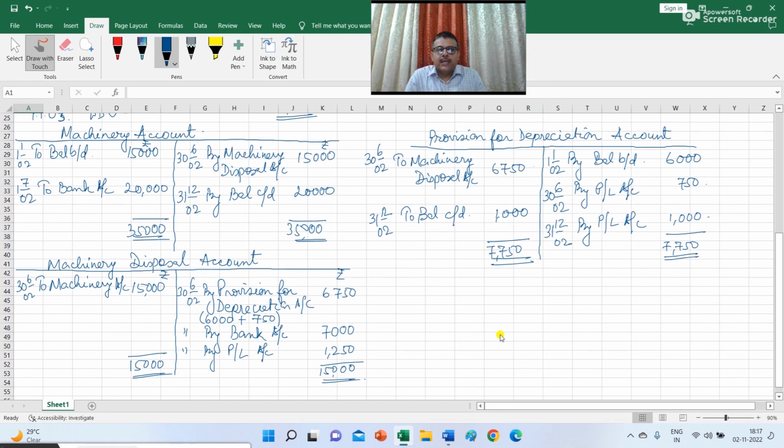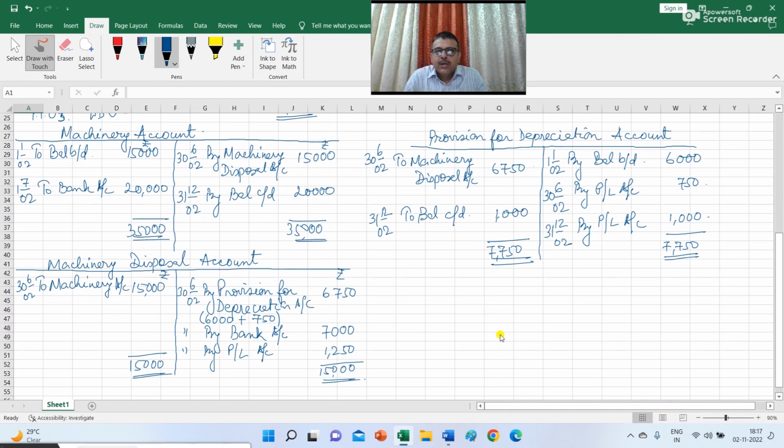So these are the three ledgers that I have prepared here. One is the machinery account, then the machinery disposal account. The third one is the provision for depreciation account. In the provision for depreciation account, you have to write the opening balance 6,000 as by balance b/d on 1st January 2002. Then depreciation was charged on the asset that was sold on 30th June, so I have written here by profit and loss account 750.